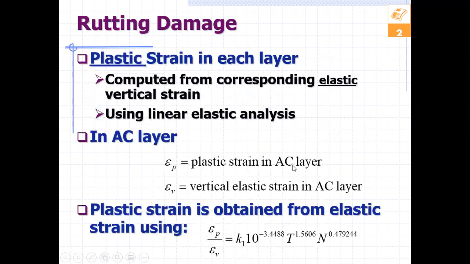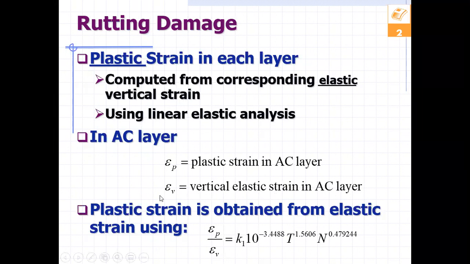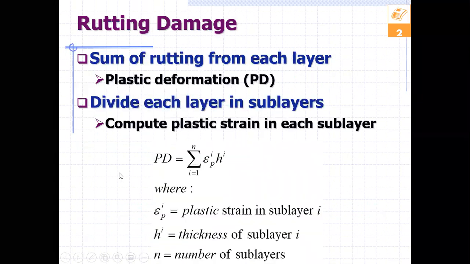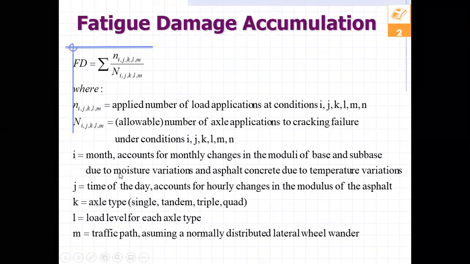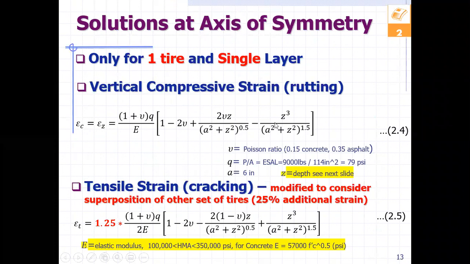That plastic strain can be calculated as a ratio of the elastic strain with these values, where K1 is a constant, T is the temperature, and N is the accumulated repetitions of load. And EV is the vertical elastic strain. So this vertical elastic strain is the one I showed you before. This is your vertical elastic strain.